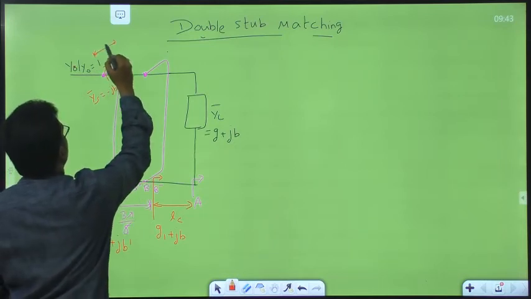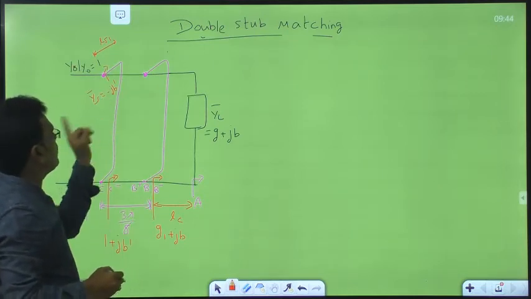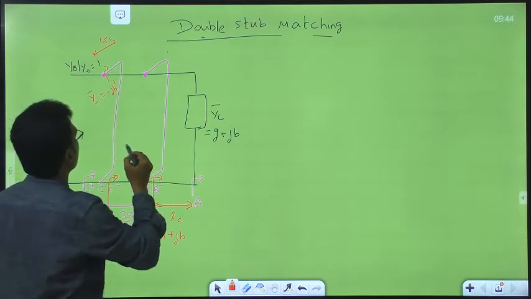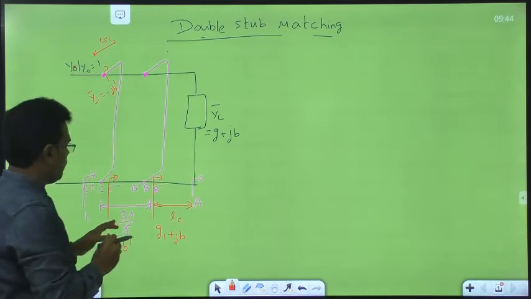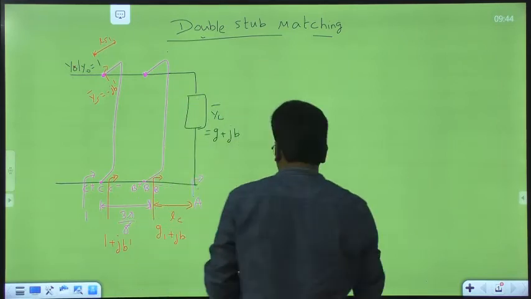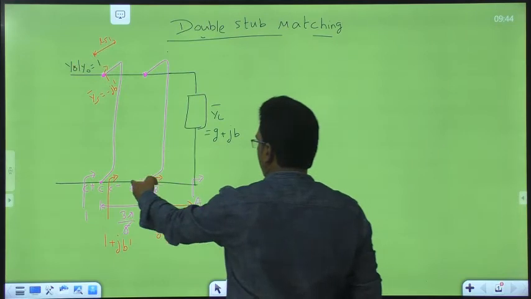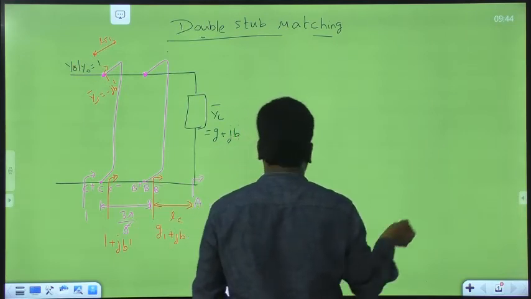So with the help of the length of stub 1, it is going to produce minus JB dash to nullify this. Okay, this is what I have discussed earlier. Now we'll try to implement how to find the B plus value with the help of the Smith chart.